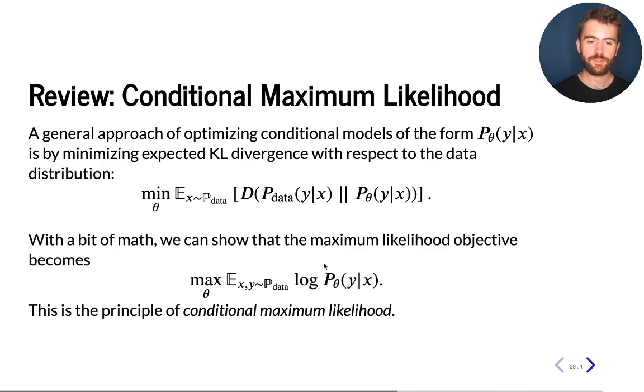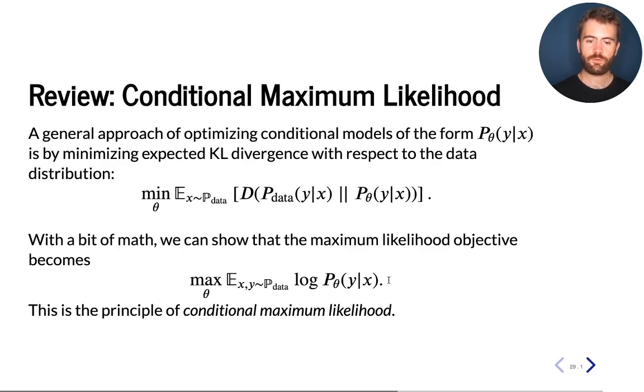Maximizing this objective is equivalent to minimizing the expected KL divergence between the distribution over y that's given by our model relative to the distribution over y that's specified by the unknown data distribution.